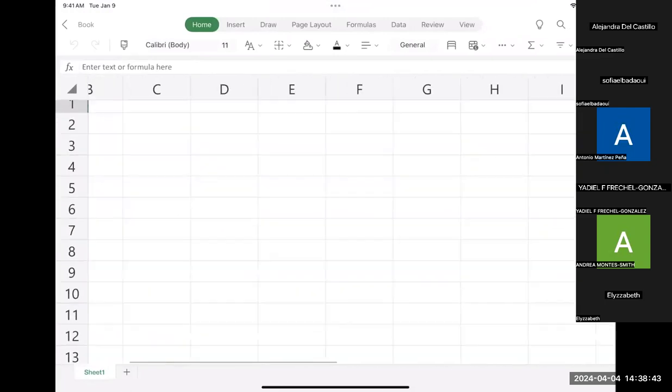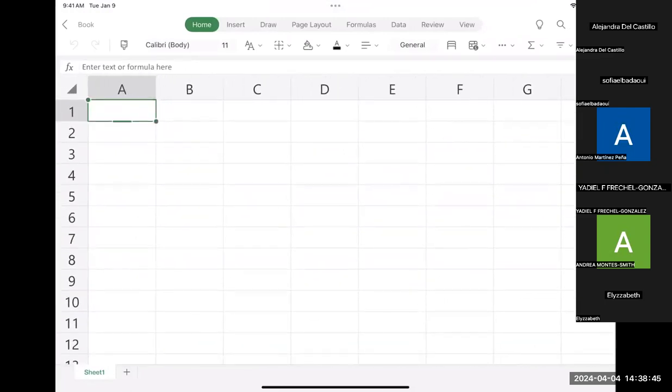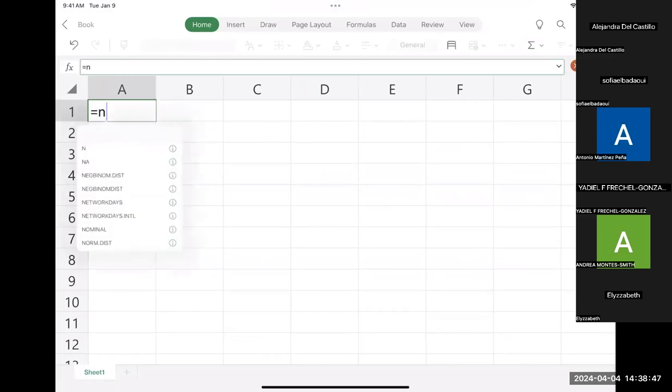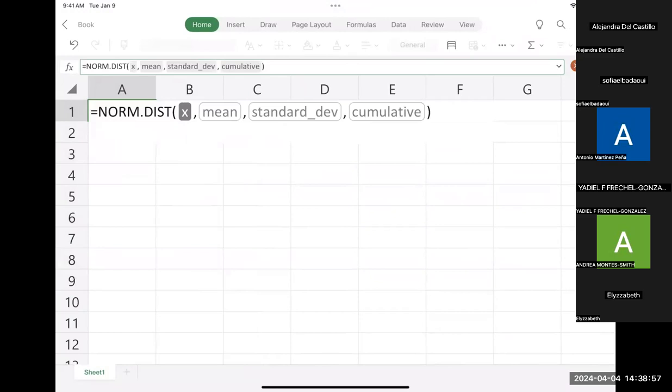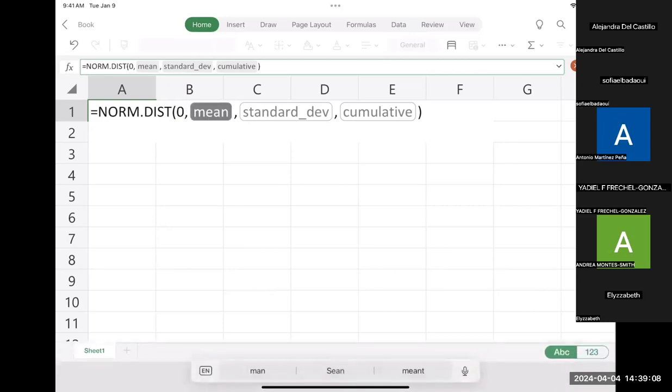So if you wanted to do that in Excel, you hit normal distribution, and this is going to give you the percentile, the area to the left. So you put in 0 here, and the mean. What is the mean?